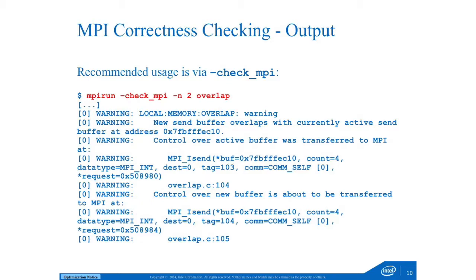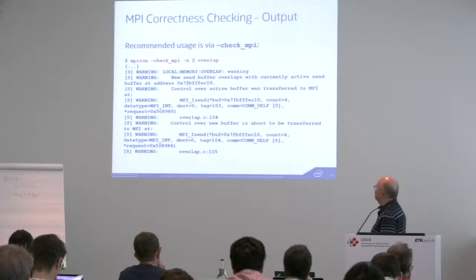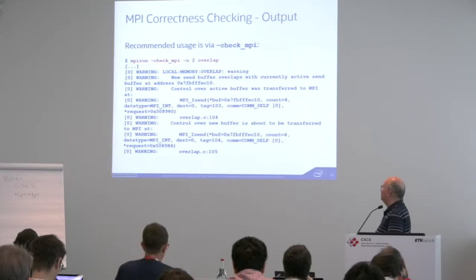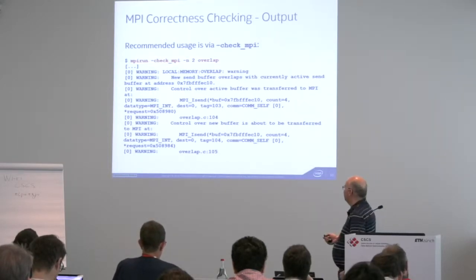And it will point you to the active buffer whose control was transferred to MPI in MPI send. And here you get the correct source line, here overlap.c 104.